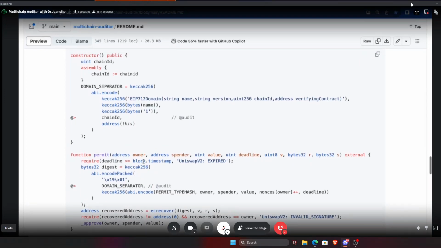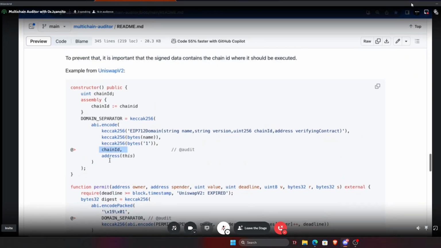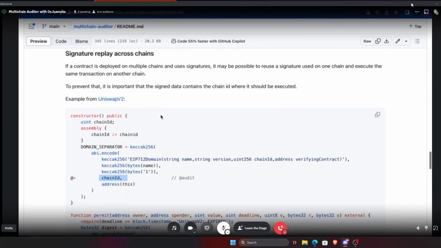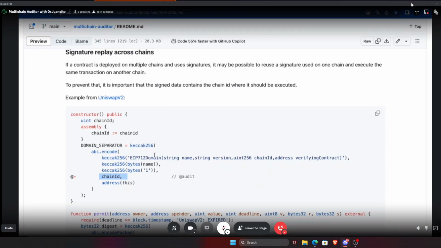In other words, if you are signing some message and you are recovering the address, please check that you are adding the chain ID, because if you don't add the chain ID, you might be able to replay it on all of the other chains if the protocol is running on those chains.